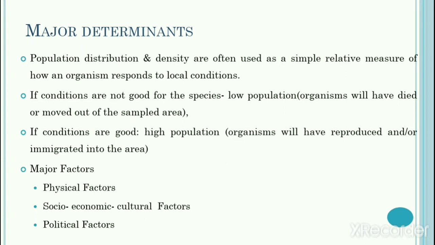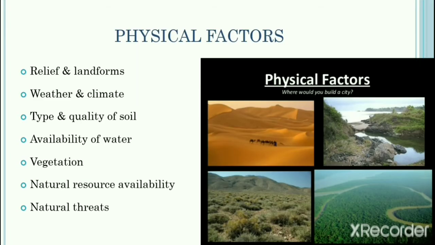Hence, there are three major determinants that decide the population distribution as well as density of a region. These are the physical factors, the socio-economic and cultural factors, and nowadays the political factors too. Among the physical factors, relief and landforms play an important role in deciding the population of a region.